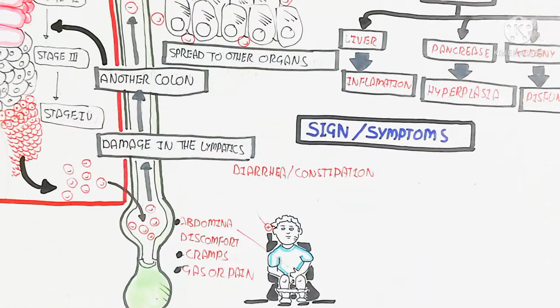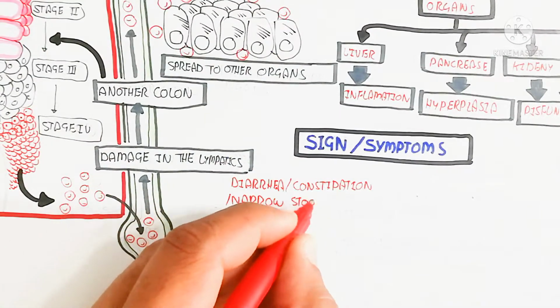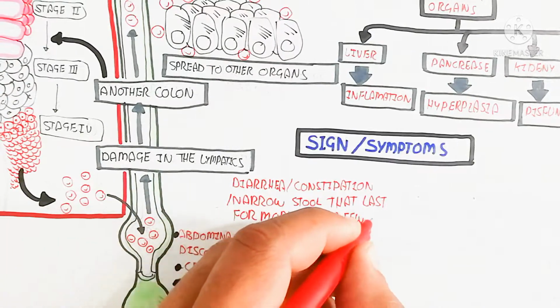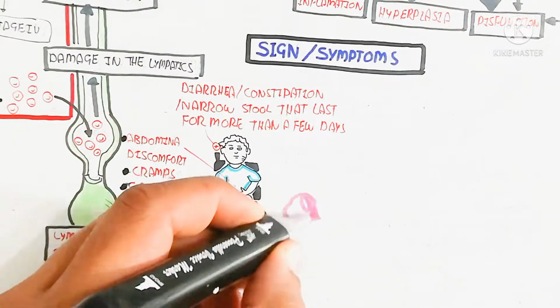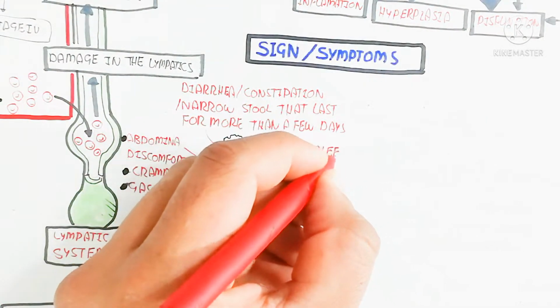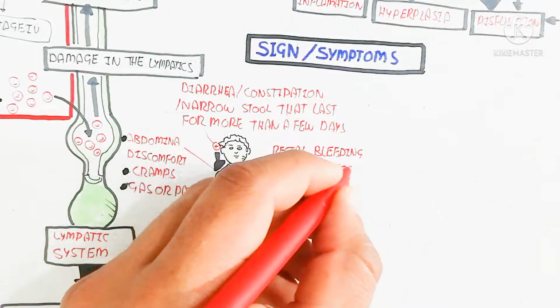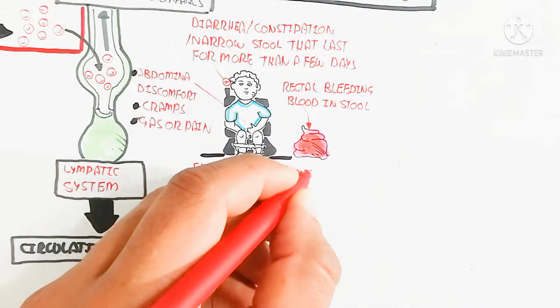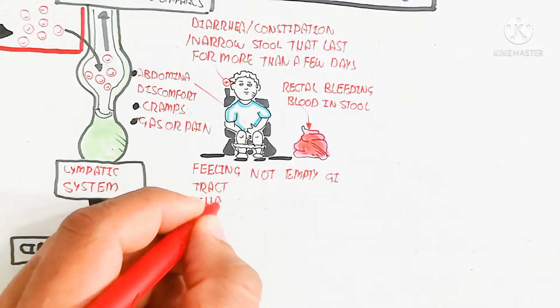Diarrhea and constipation, and a narrow stool that lasts for more than a few days. The stool will feel not empty, with changes in bowel habits and bowel obstruction. So bleeding is the important first sign.